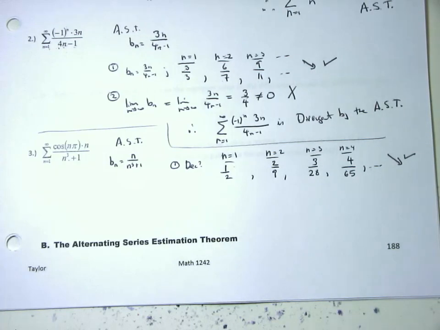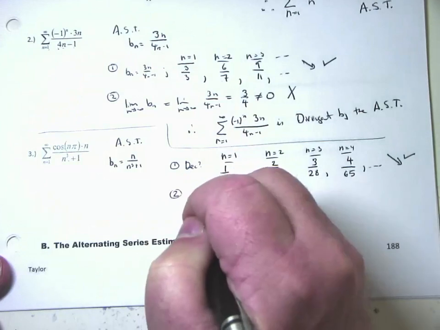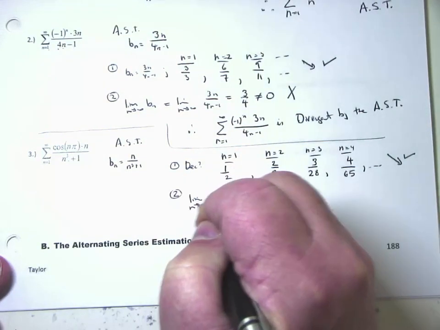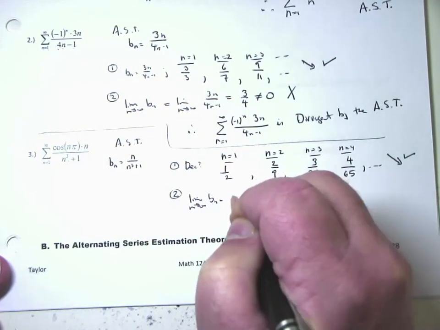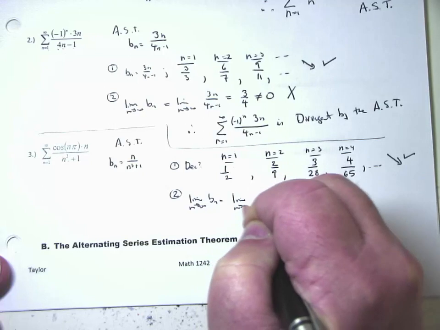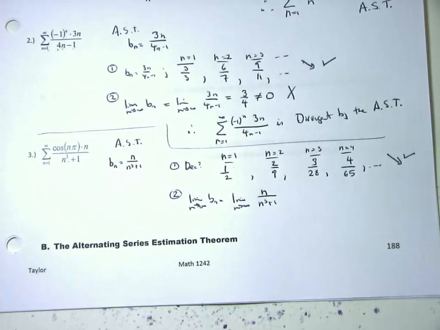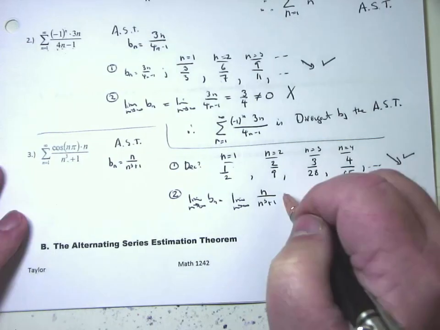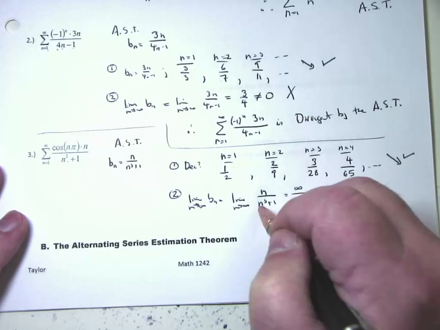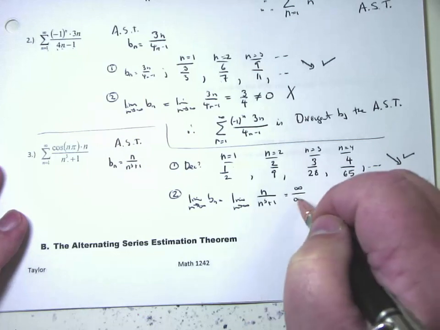Second thing you got to show me is I need to take the limit as n approaches infinity of the Bn. Let's see what we get. This will be the limit as n approaches infinity of n over n cubed plus 1. When I plug in infinity, I get infinity over infinity cubed plus 1, which is infinity over infinity.